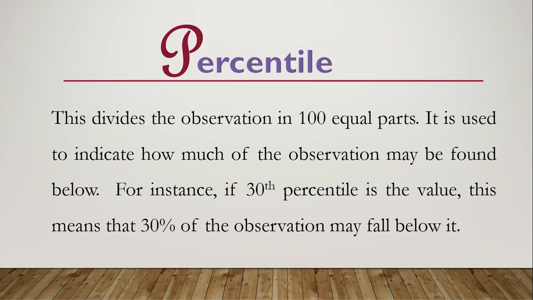Say for example, class, you scored 67 out of 90 in a test. But does this value mean something? Yes, you know that this is 67, but how about the position?